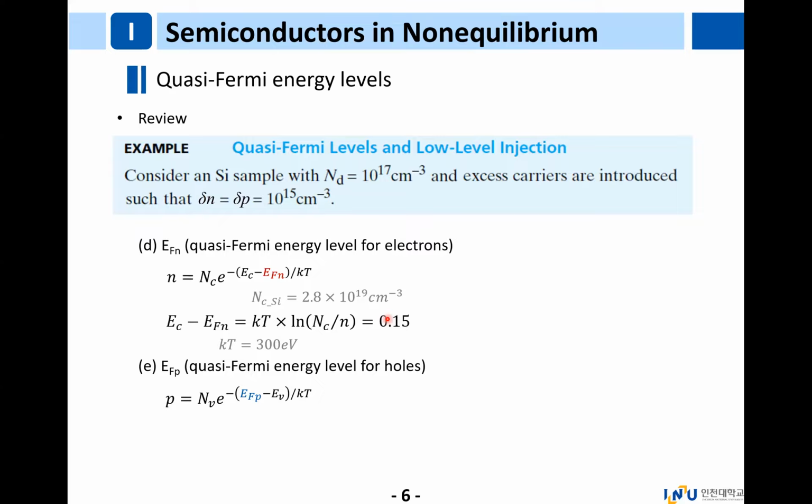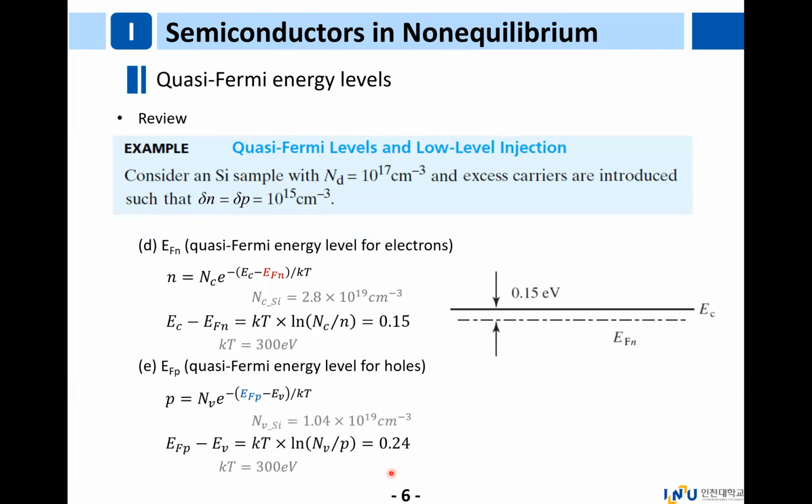In other words, the gap between the EC level and the quasi-Fermi level for electrons, EFN, on the energy band diagram is 0.15 electron volts. When applying the same method to calculate the quasi-Fermi level for holes, we find that it is 0.24 electron volts.